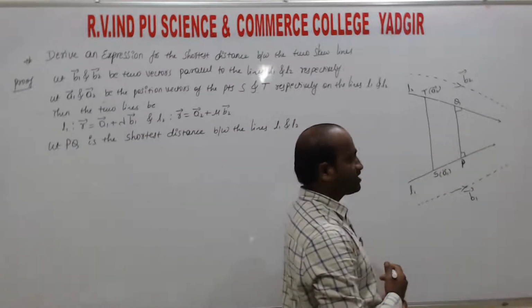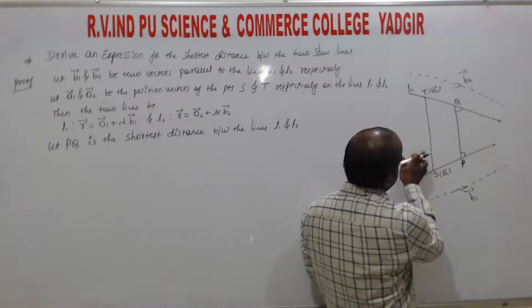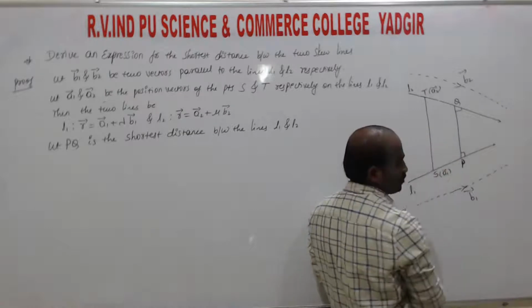Next, the shortest distance between two skew lines is equal to the projection of ST on PQ.